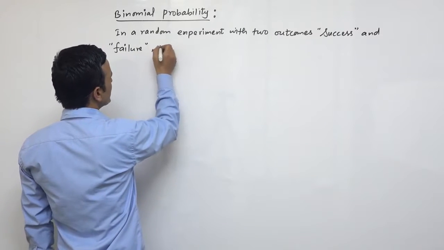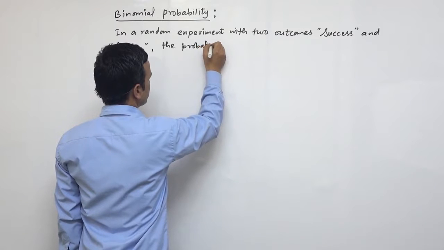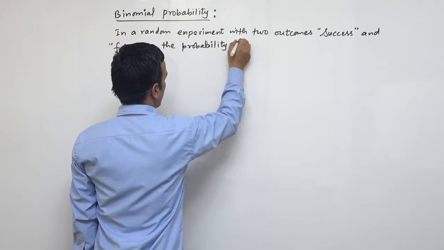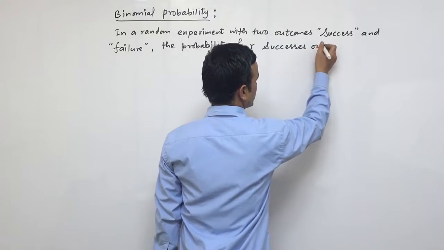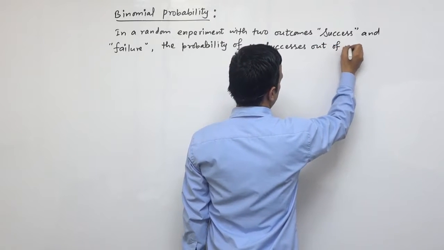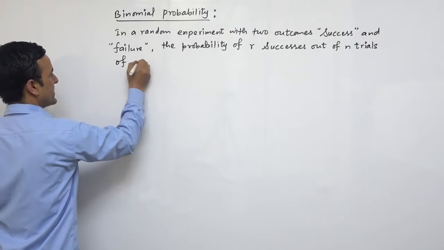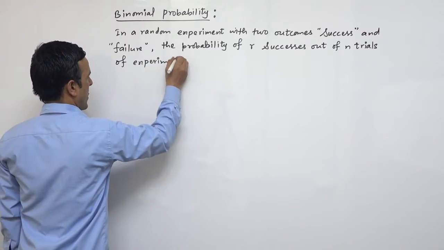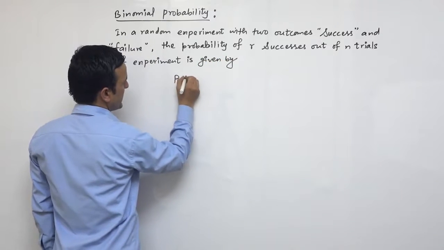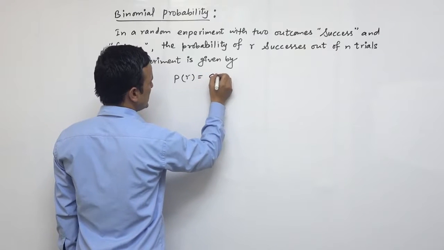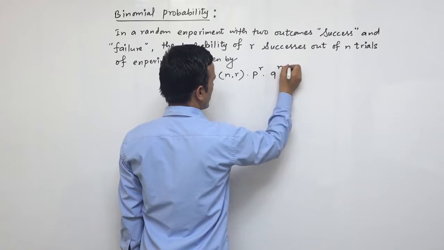Then the probability of our success out of n trials of experiment is given by P(r) is equal to nCr p to the power r and q to the power n minus r.